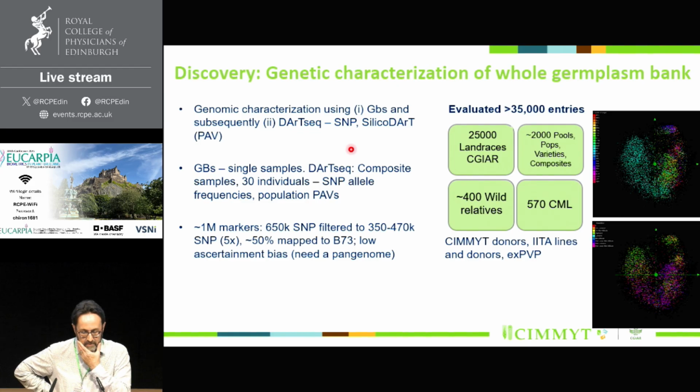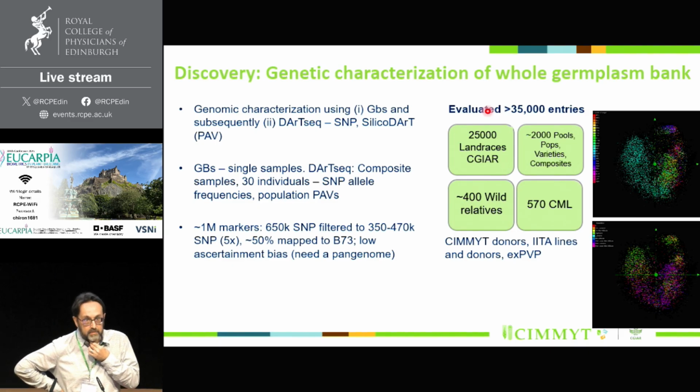CML is a CIMMYT maize line, and also material from elsewhere in the world like PVP lines, and so on. And in total about 35,000 entries. So in the initial phase of the project, we genotyped all of this with GBS. There were about 1 million markers, which filtered down to around 300,000. Subsequently, we've used DArTseq, both SNPs and silicoDArTs, so the presence-absence variation.